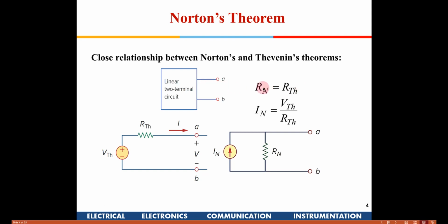So the procedure is the same, and the value of IN will be the same as VTH divided by RTH. So if you have a Thevenin circuit, you can represent it by a Norton circuit using these formulas: RN is equal to RTH, and IN is equal to VTH by RTH.